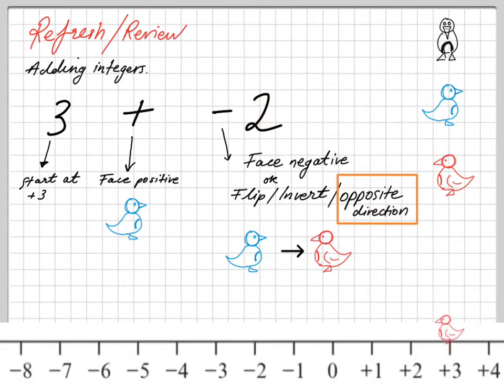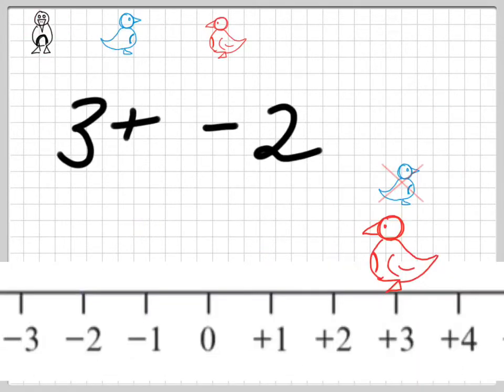We move 2 units, 1, 2, and our answer is positive 1. So it ends up on positive 1. That was pretty much what I was going to repeat there.